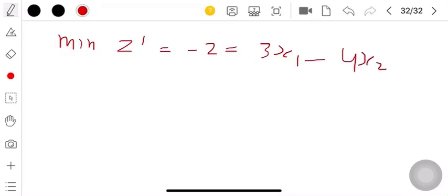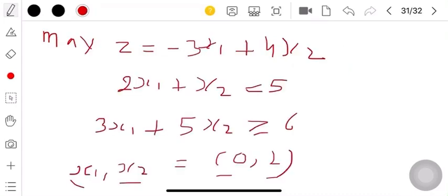The objective function must be of minimization type. Convert the objective function into minimization type: minimize z dash, the new function, equals -z, which will be 3x1 minus 4x2.